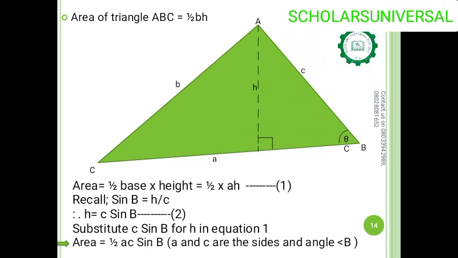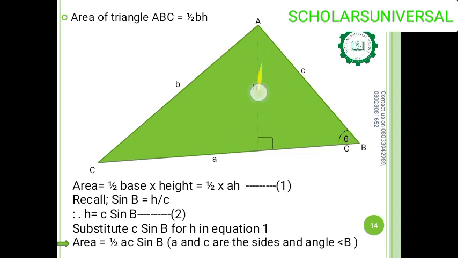Area of a triangle, we all know that area of a triangle is what? Half base times height. But here we were given theta on angle B. We have the height, the hypotenuse is here. Okay, let's look at the relationship of the height to the hypotenuse and the angle.